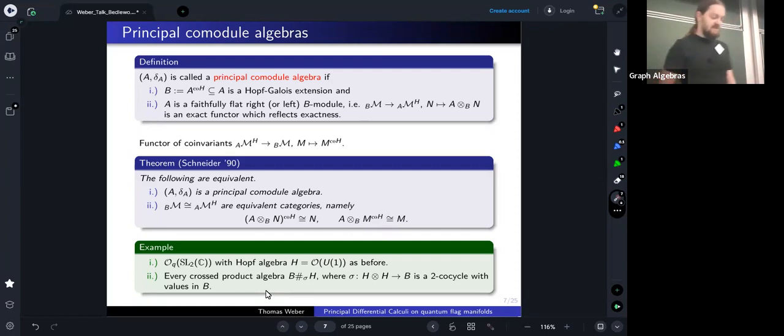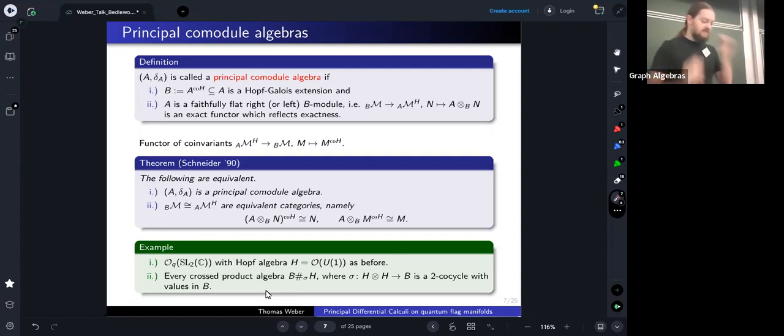Examples are SLQ2 with U1 coaction, as we have seen on the previous slide. And one more class that is kind of interesting is that every crossed product algebra automatically gives a faithfully flat Hopf-Galois extension.